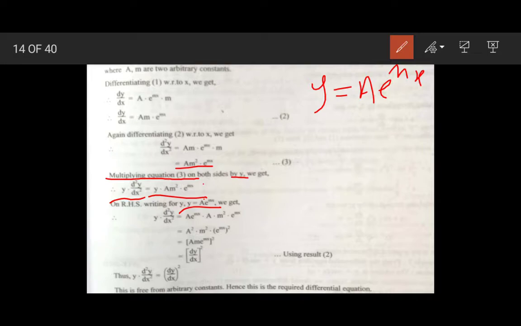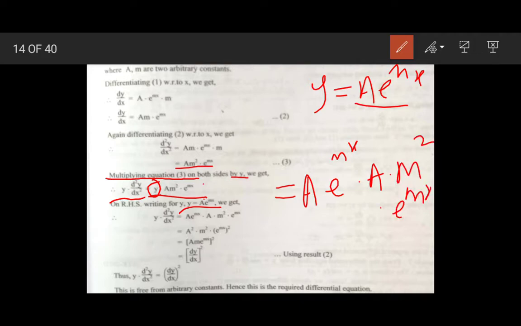So in place of y, I am writing a e raised to mx. So finally it will be a e raised to mx into a into m square into e raised to mx. So that means it is a square m square e raised to mx whole square.